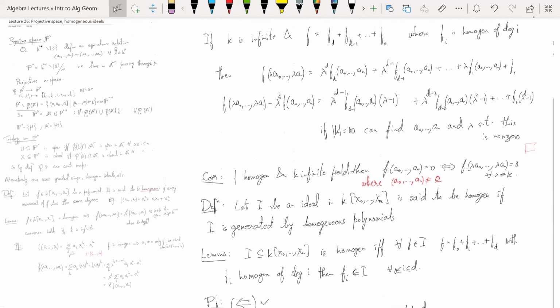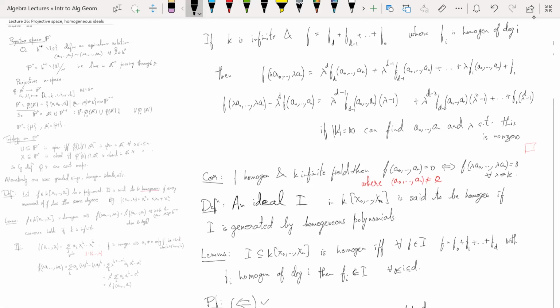So let I be an ideal in k[x0, ..., xn]. An ideal I in k[x0, ..., xn] is said to be homogeneous if I is generated by homogeneous polynomials.